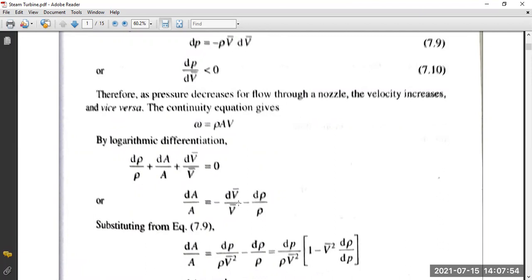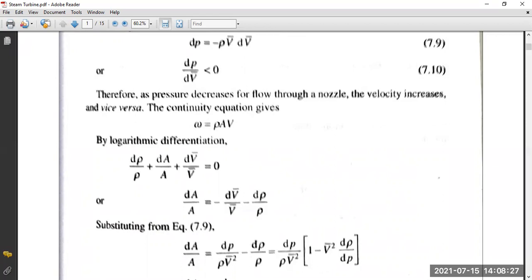If we replace dV there, it will be V squared, because there is already a V, and this V will multiply with this V. So minus dP by rho V minus d rho by rho, or dP by rho V squared, 1 minus V squared d rho by dP will go to the top.